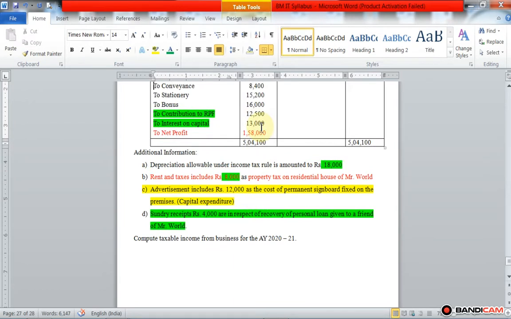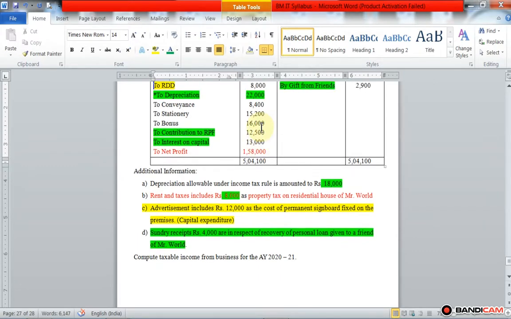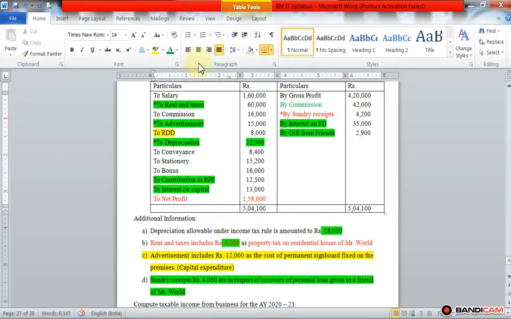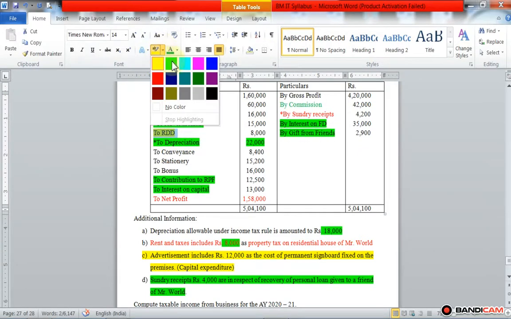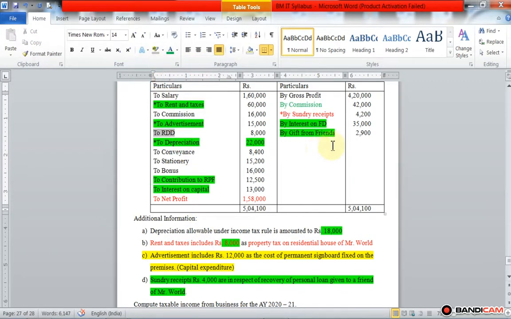The three adjustments related to disallowed expenditure, we add these figures in net profit. Now in profit and loss account, salary, business expenditure, here rent, advertisement, RDD. So RDD is disallowed expenditure.